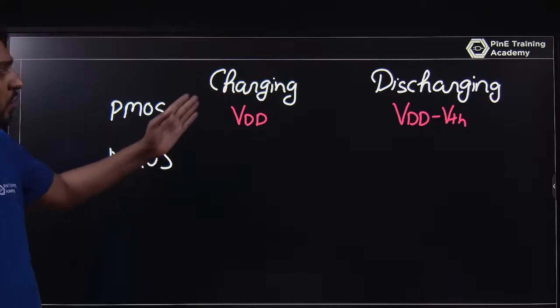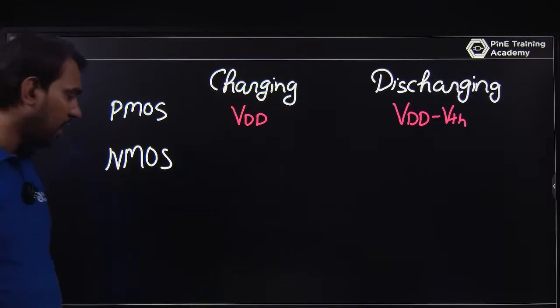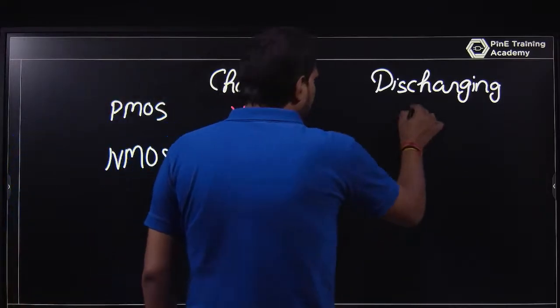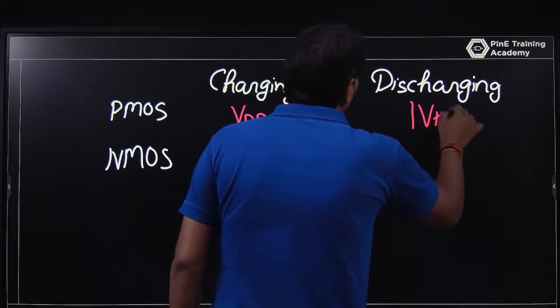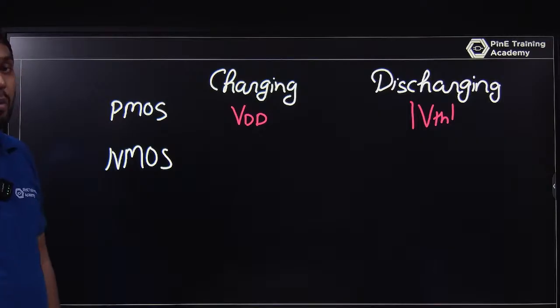So PMOS is good for charging, but it is not good for discharging. It will not discharge till ground, it will be discharged only till mod VTH, not till 0.